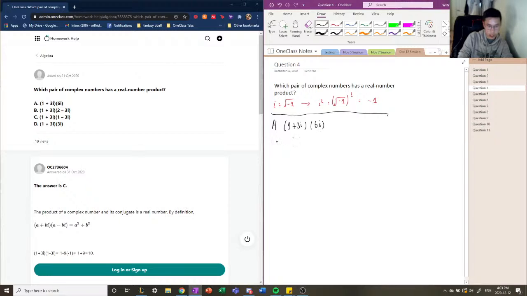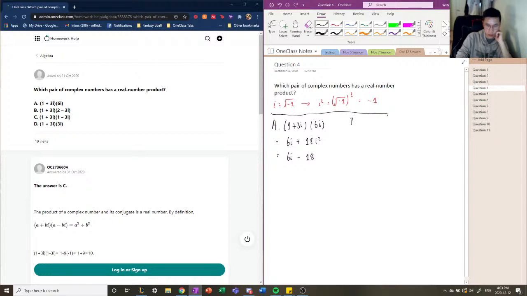If we expand, 6i times 1 is 6i, plus 18i squared. We know that i squared is equal to -1, so we get 6i minus 18. So we get another complex number. This has an imaginary and a real component, so this is not the solution we're looking for.